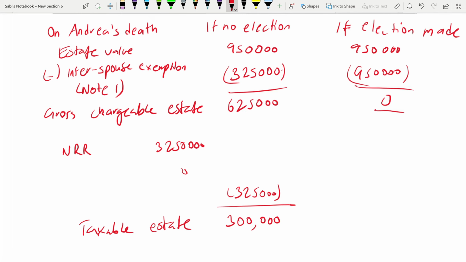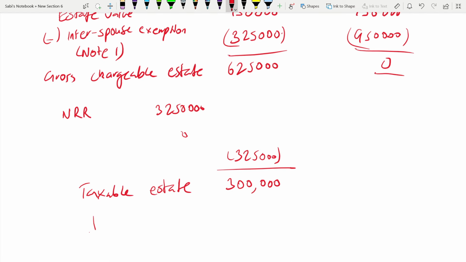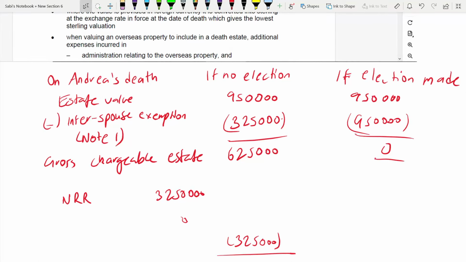Then IHT is at 40%. You did not make anything to do with charity. 40% of 300,000 is 120,000, and here IHT would be 0 because there is no gross chargeable estate. So which one would you choose? The election should be made because you are saving tax of 120,000. But do not advise right now. Advice is the last action that you have to do.